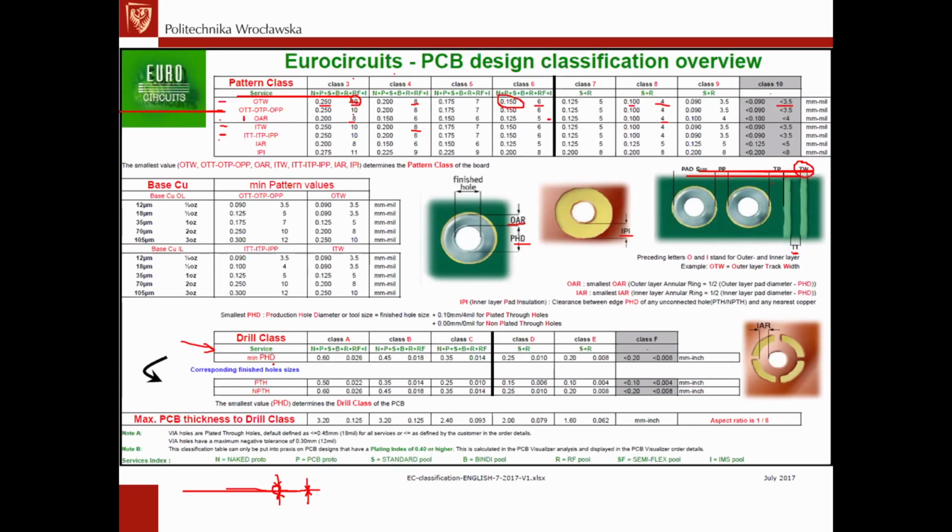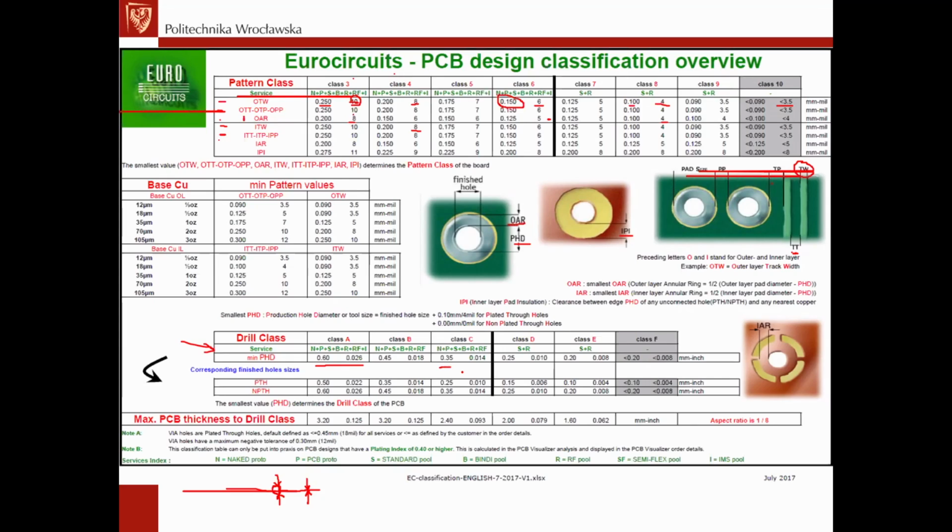Today either drills or sometimes lasers are used for this purpose, but lasers are much more expensive. Laser drills, or burned holes, are way more expensive. So today people are still using drills. But take a look, the drills have sizes of 0.6 millimeters, 0.45, 0.35.